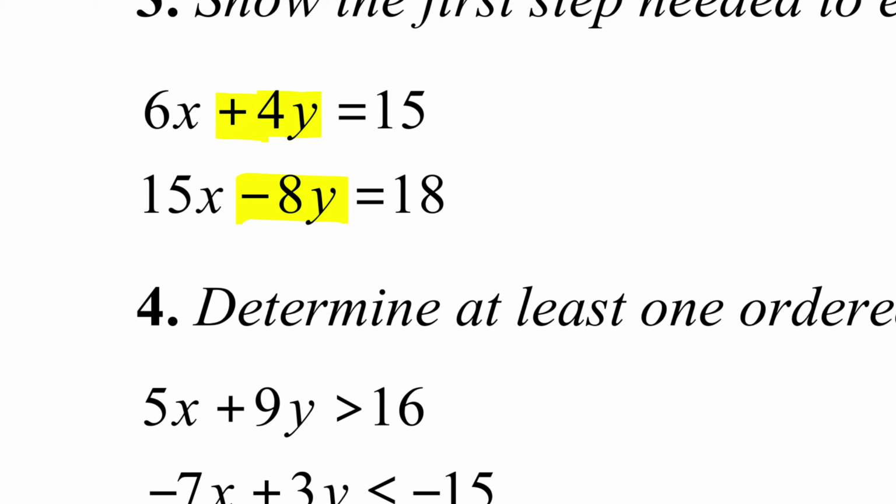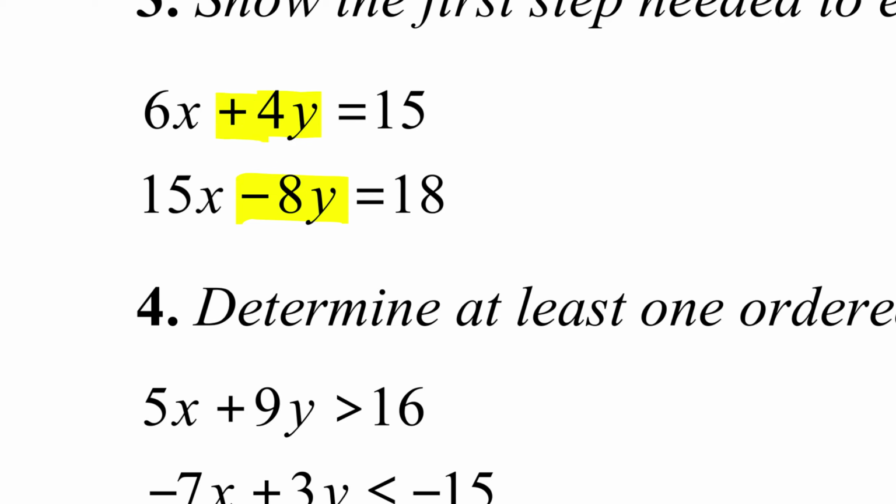That would make it, if I were to do this, a plus 8y and a minus 8y. I wouldn't touch the bottom. And those would eliminate. That's the goal. So if it says first step, it's just whatever you would multiply the equations by, whether it's one equation or both, and that's it. You don't actually have to do it. You just have to show what it would be.